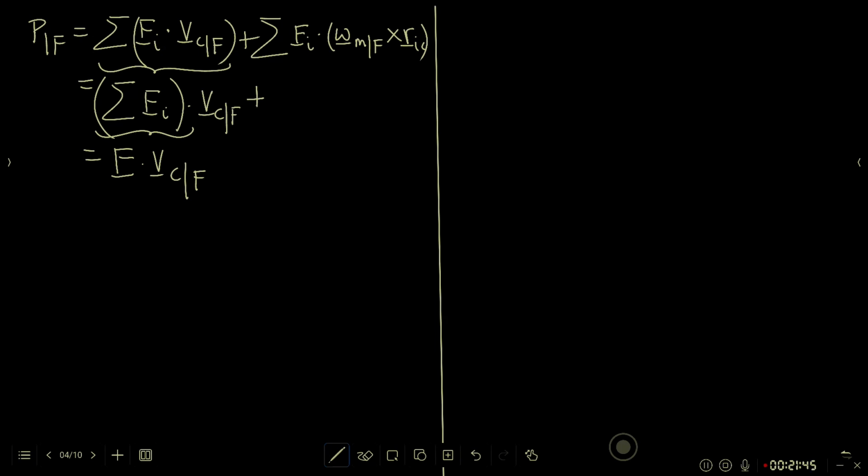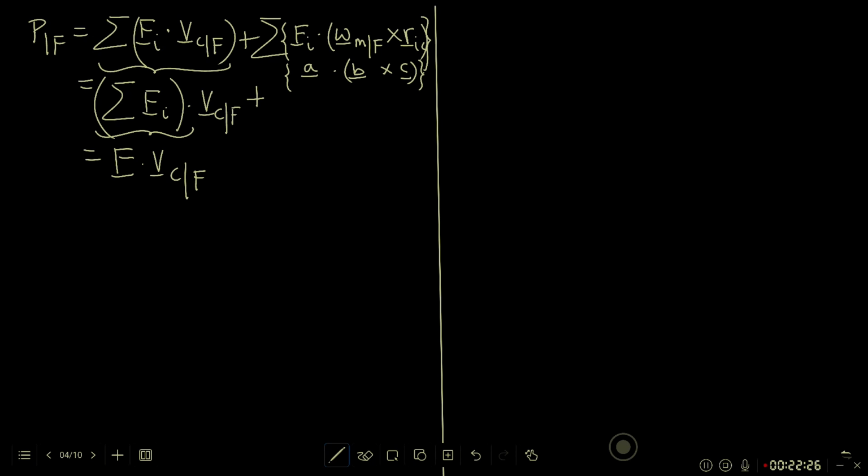Let's look at this expression. If you focus on what is inside, it seems like we are taking the cross product between two vectors, let's call them B and C, and then the resultant is being dotted with another vector A. That is the form of the expression there.